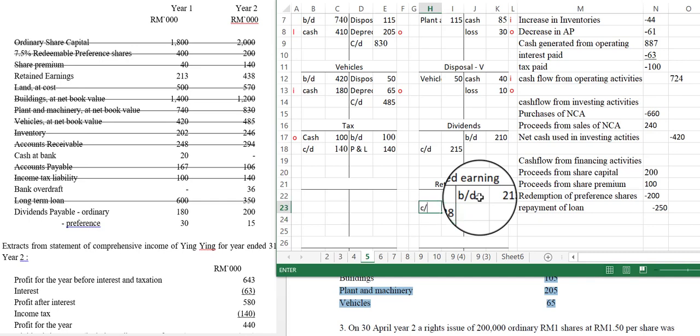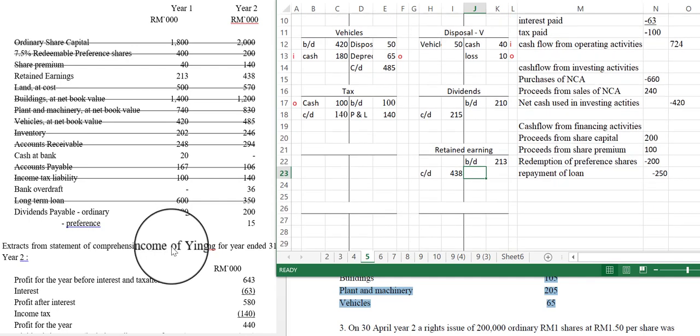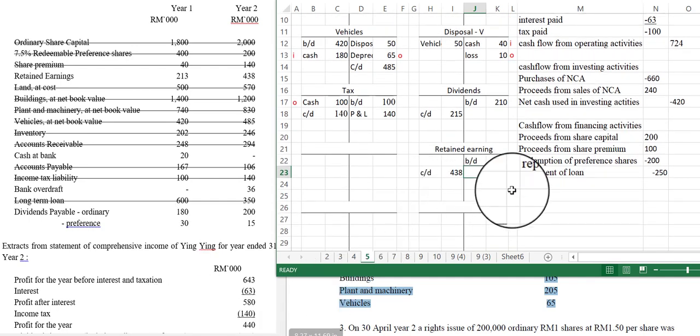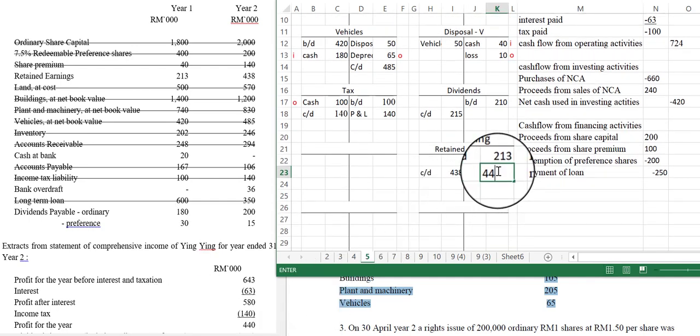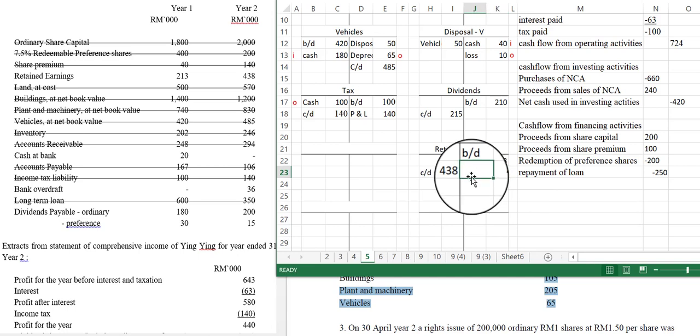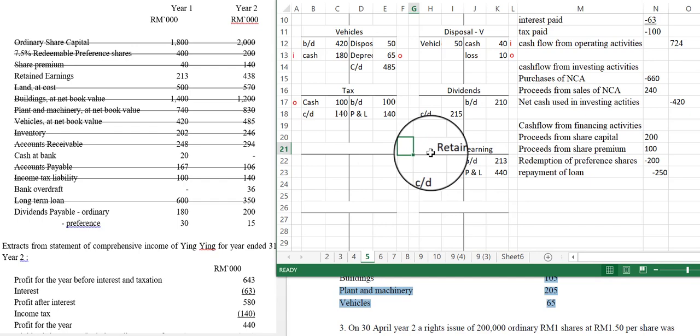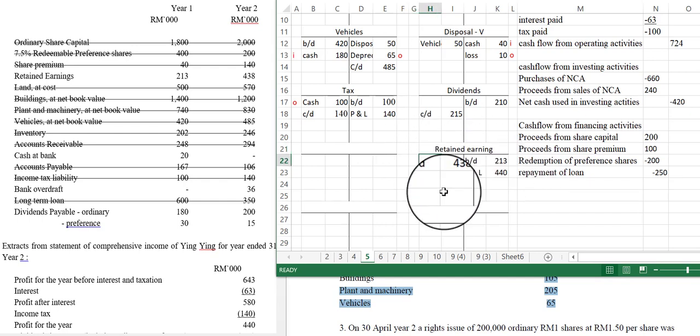So basically here you have CD. Now during the year, the profit for the year is 440. So this is the profit and loss figure. The balancing figure will normally be your dividend figure.